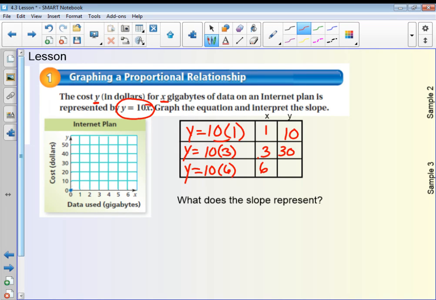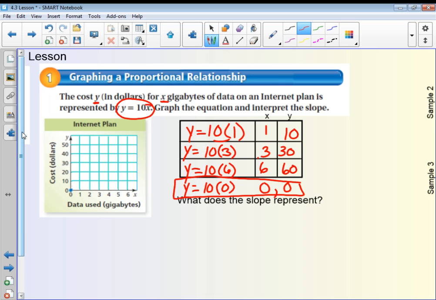So 10 times 6 is 60. If I wanted to, I could do another one just to prove my point. Y equals, let's do 0. 10 times 0 is 0. The one thing that's nice about using 0 is that we can see right away whether or not it crosses through 0, 0, which is one of the qualifications that it has to have.